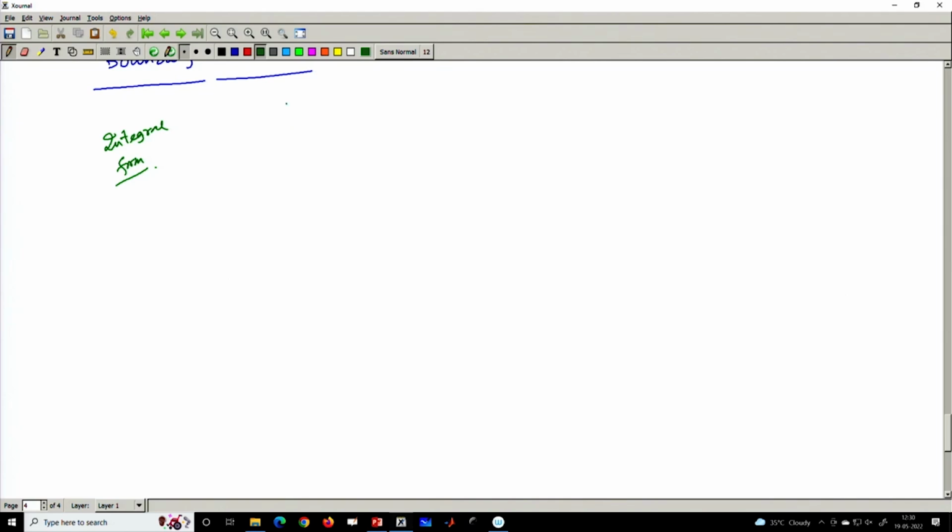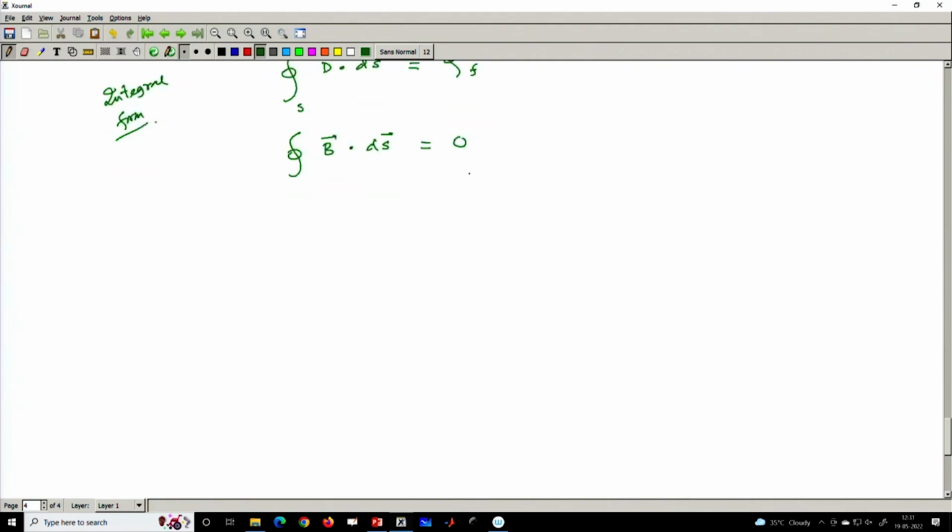So I have the closed surface integral of D dot dS equal to the total free charge. Second, the magnetic flux is simply 0, a consequence of the second equation.